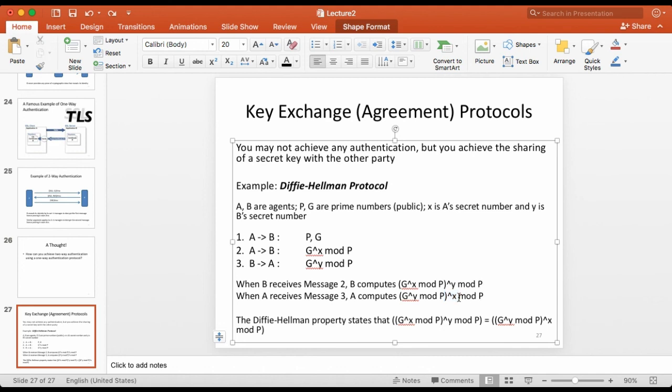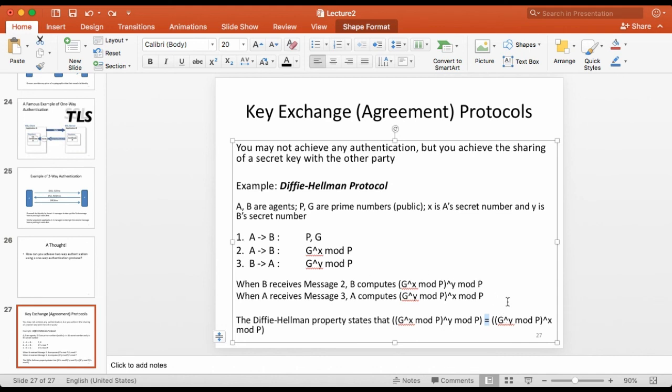Now it turns out that these two calculations are exactly equivalent, so they basically yield the exact same number.